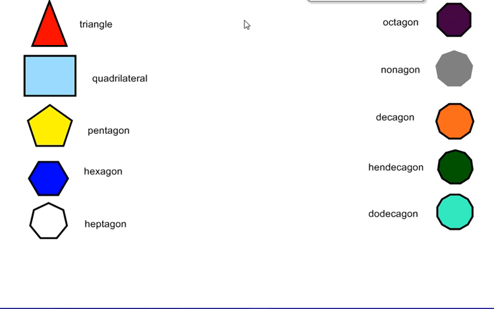Now, looking at a pentagon, for example, we see that it is a five-sided figure, right? And that's the key idea. Five-sided means it's a pentagon. It doesn't matter how those five sides are. So if it's like this, where you have five sides, that is still a pentagon.